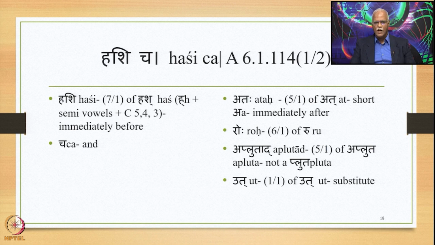Words continued are Ataha, 5/1 of At. At stands for short a, that is immediately after. Roho is 6/1 of Ru. Aplutat is 5/1 of Apluta. Ut is 1/1 of Ut. So Ru is the substituent and Ut is the substitute.